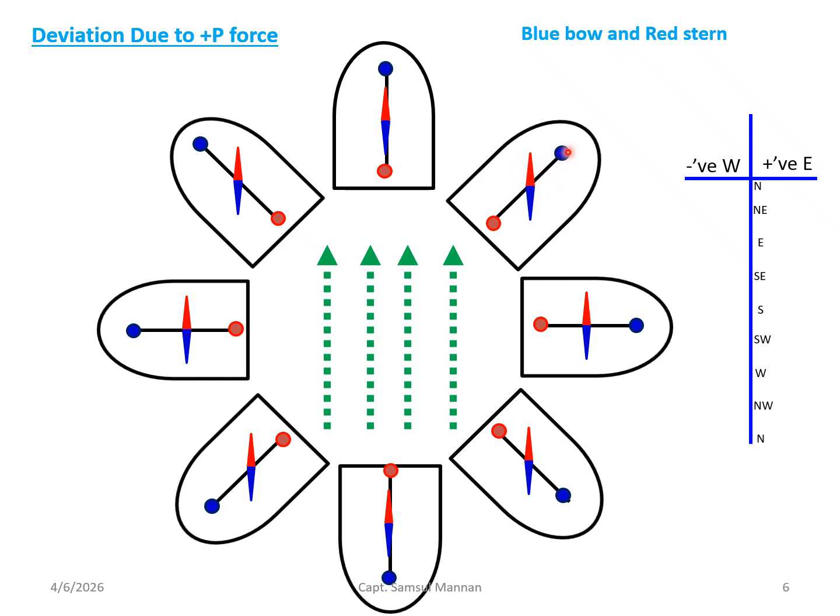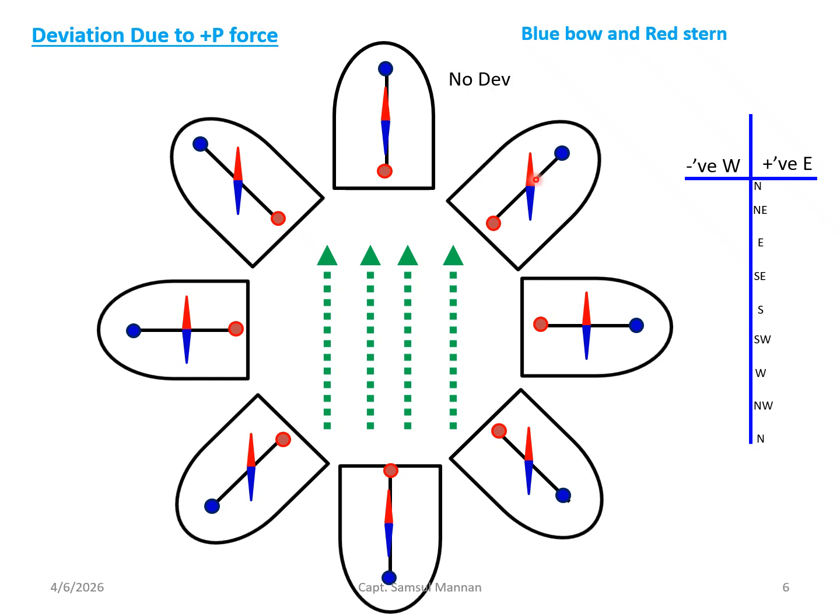We have got the blue pole just beside the red side of the compass needle, and it will be attracted by the blue pole and the compass needle will deviate a bit, right?